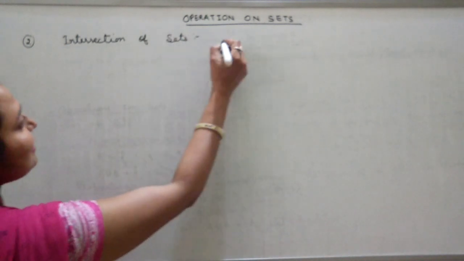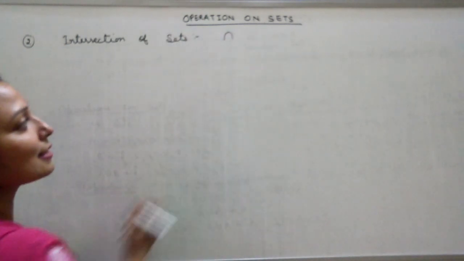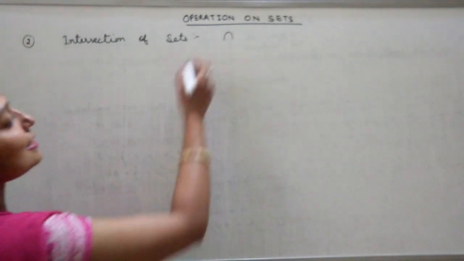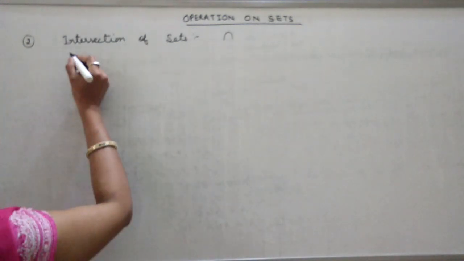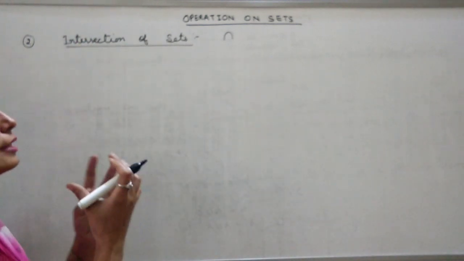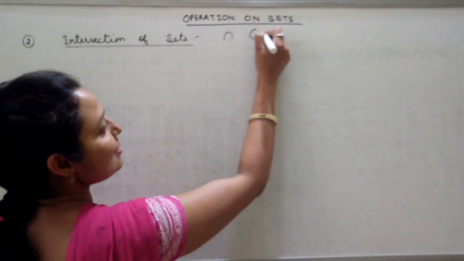The intersection is represented by this sign. What is the meaning of intersection? You have to take the common elements.